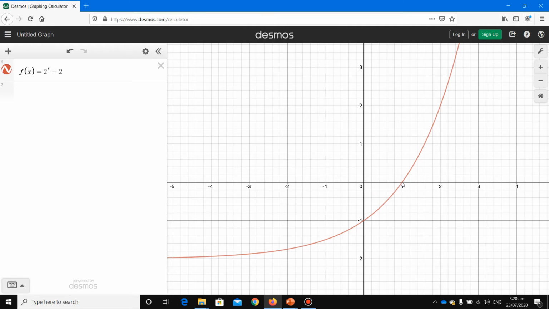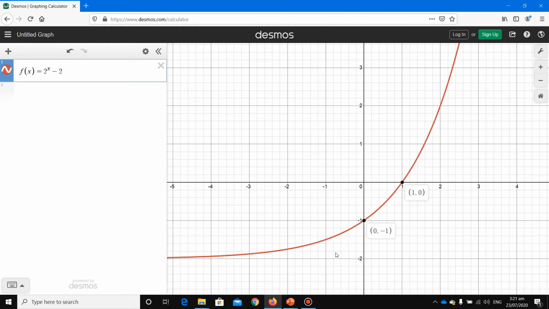At this point, where the graph passes the x-axis, that is this point, 1, 0, this is what we call the x-intercept. Again, the x-intercept is the point wherein the graph passes through the x-axis. Likewise, where the graph passes through the y-axis, that is what we call the y-intercept.